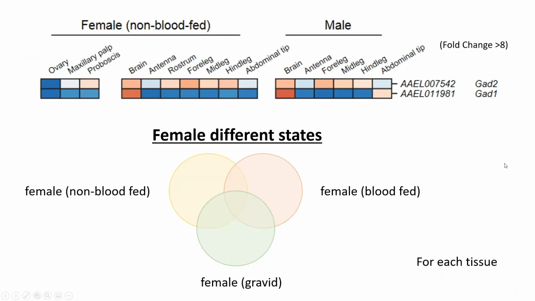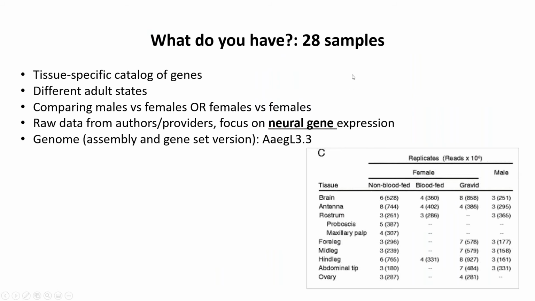What they did in the paper is that they compare these different tissues in males and females, and they also compare the 3 different states of the females for each tissue. So what did they provide us? With 28 different samples for males and females, the different tissues.